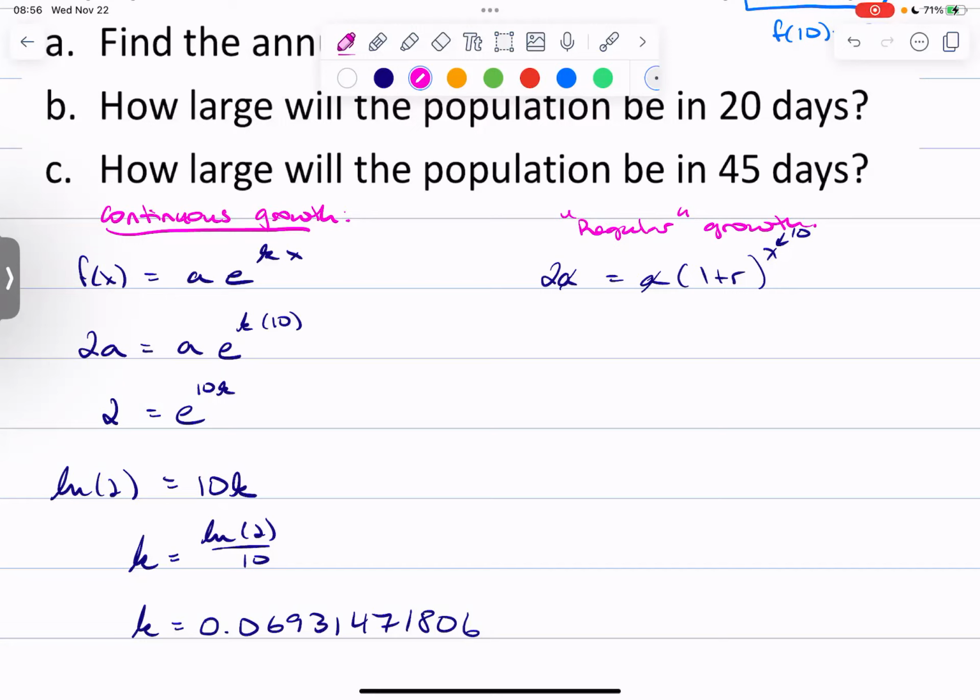Let's see here. So I have 2 is equal to 1 plus r to the power of 10.